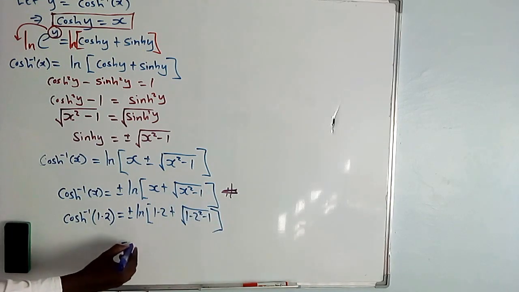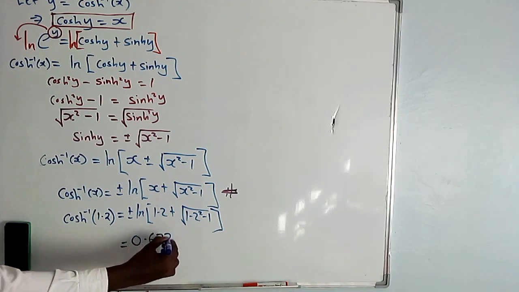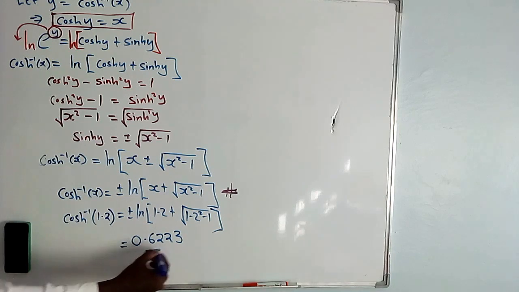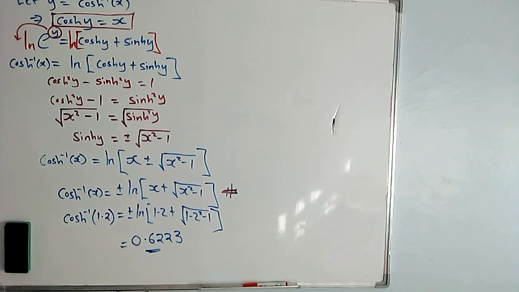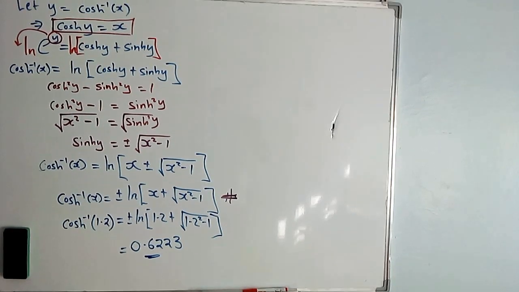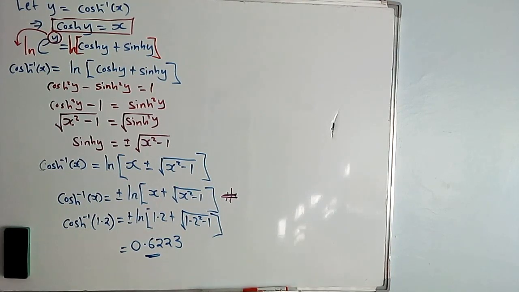You get 0.622, and that is the same value you got when you found the cos inverse of 1.2 directly, isn't it? You see that? So it is plus or minus that, but you can decide to work with one value, maybe the positive one, so that you have ln of that, and you get that. Are you together?